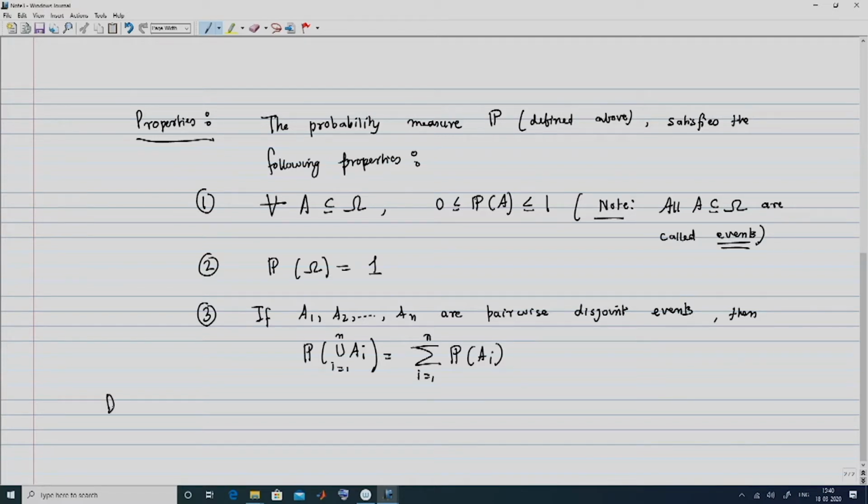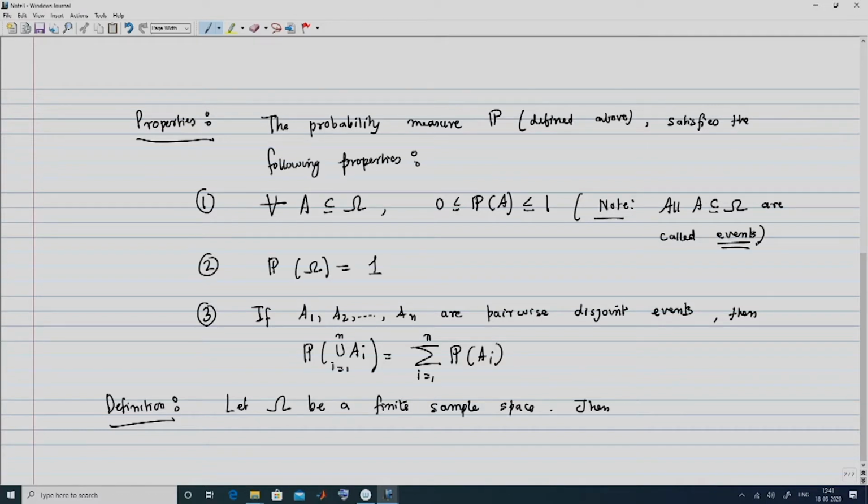So, this brings me to the next definition, and this is at a more elementary level than any event A. Let omega be a finite sample space. Remember, we are talking about the finite probability distribution. So, let this be a finite sample space.